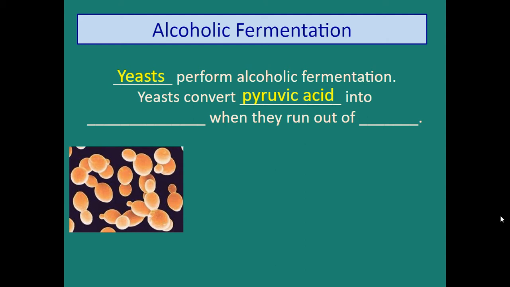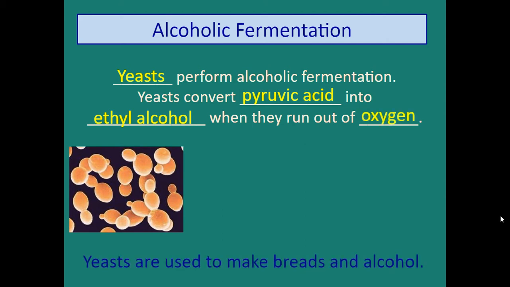In glycolysis, glucose gets broken down into pyruvic acid. Then in alcoholic fermentation, yeast take that pyruvic acid and turn it into ethyl alcohol whenever they run out of oxygen. That's why we use yeast in making any type of alcoholic drink. We can also use them in making bread.